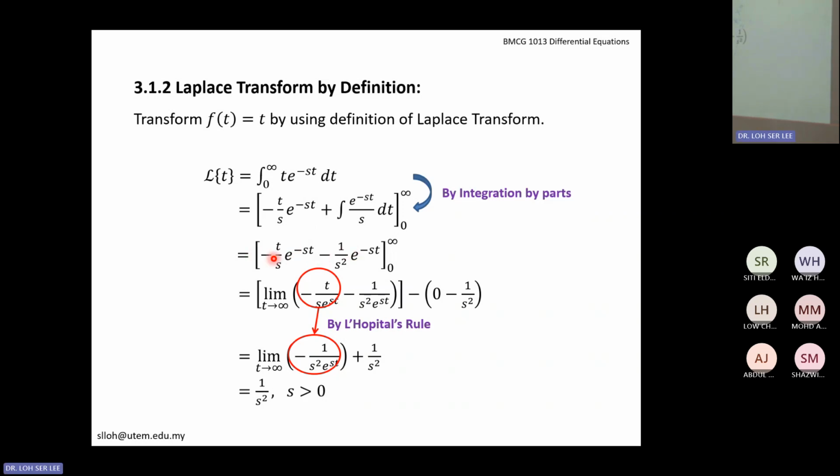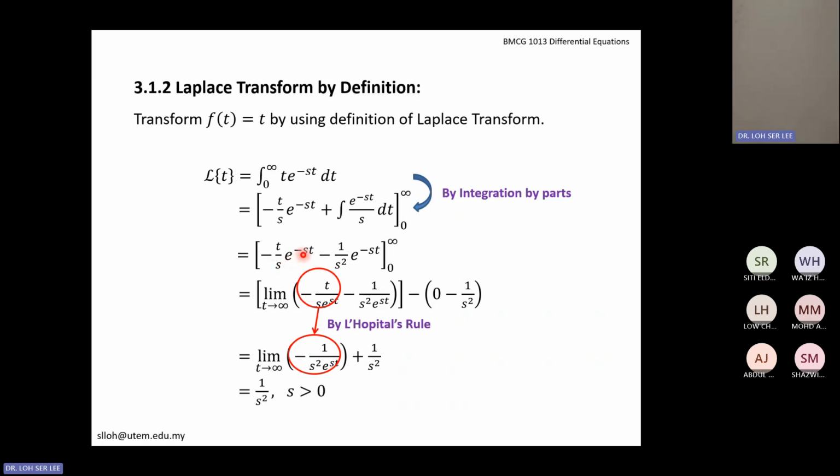Once you get this, we substitute infinity into t. Here t is in the numerator and e to the negative st is under the denominator, and e to the power of infinity is infinity.